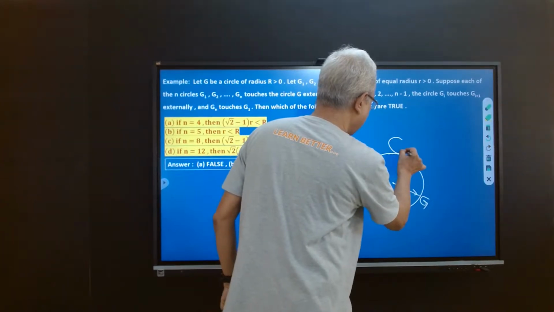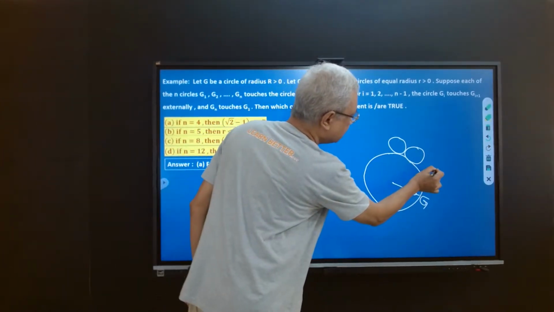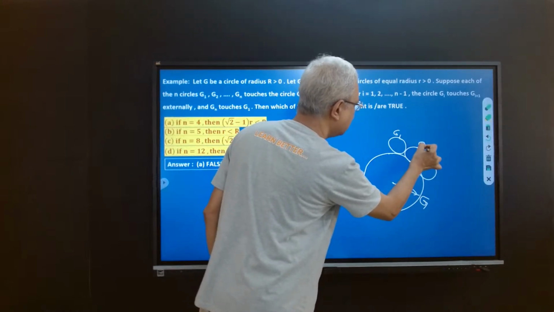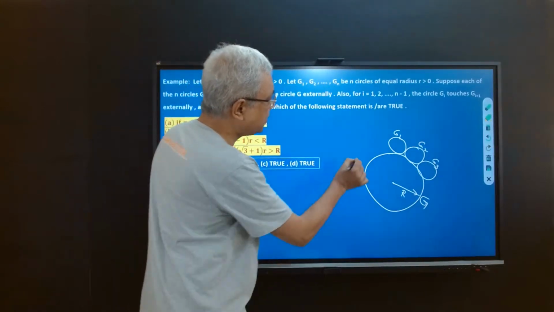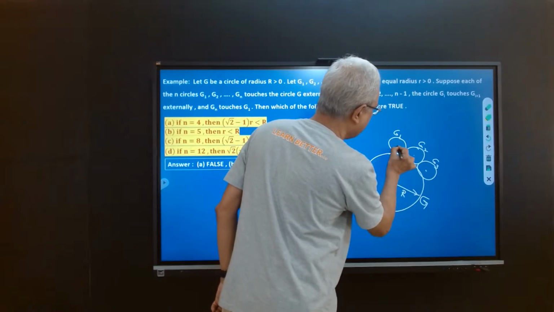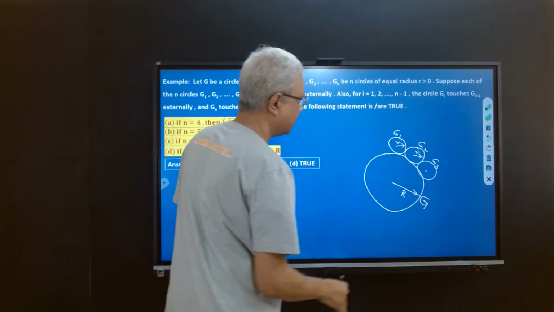So roughly I can draw like this. This is G1, this is G2, this is G3. It is said that all these circles have equal radius, which is small r. This is r, this is r, and so on.